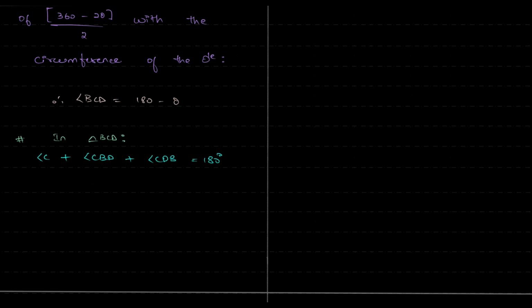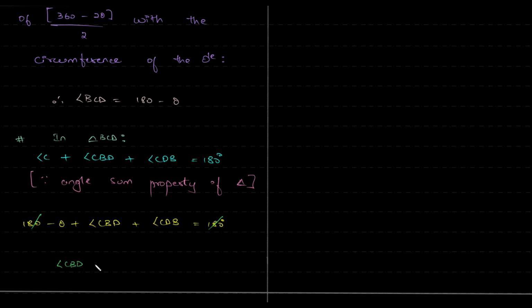But we have angle C to be equal to what? This is because of the angle sum property of a triangle. This is 180 degrees minus theta plus angle CBD plus angle CDB is equal to 180 degrees. So 180 gets cancelled. We have angle CBD plus angle CDB is equal to theta.